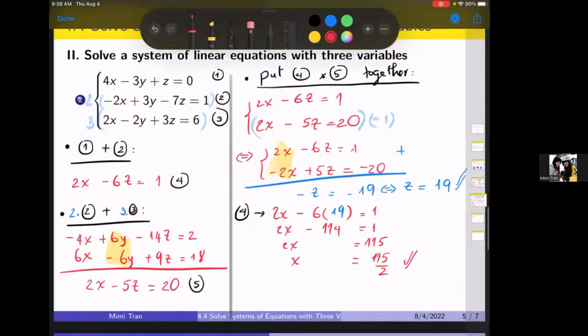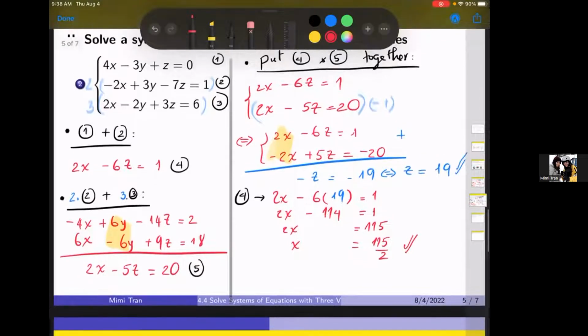Did I do anything wrong? Give me a second, okay? I'm going to double check one last time. Negative 4x, 3y plus z. I'm going to plug back into number 1 to solve for z. God, I really hate this. Did I do something wrong? It's supposed to be no solution.